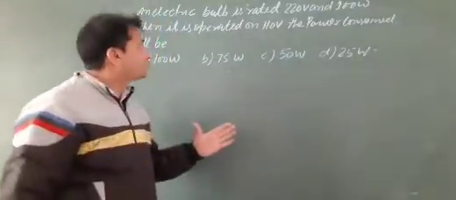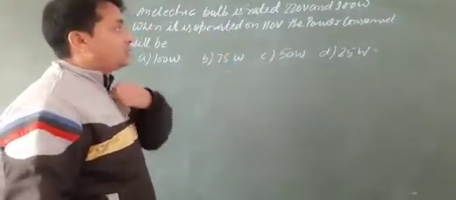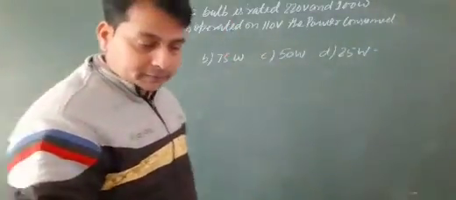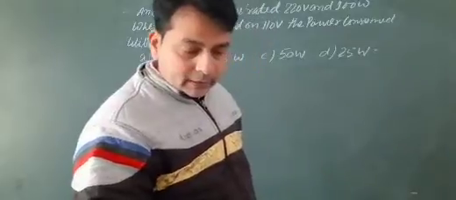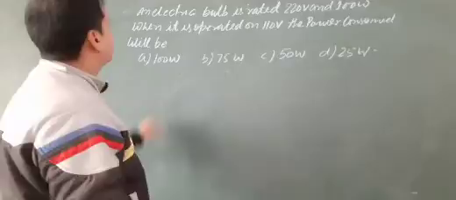According to this question, an electric bulb is rated 220 volt and 100 watt. So first we find the resistance of the electric bulb.